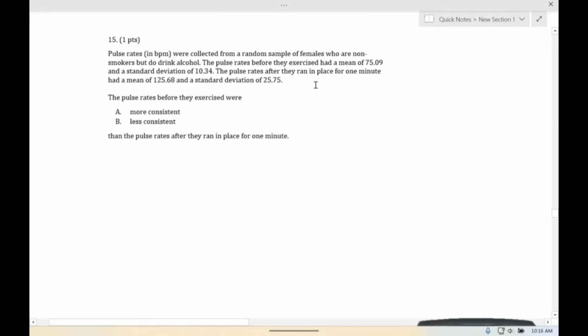The pulse rates after they ran in place for more than 1 minute had a mean of 125.68 and a standard deviation of 25.75. The pulse rates before they exercise, were they A, more consistent, or B, less consistent than the pulse rates after they ran in place for 1 minute?